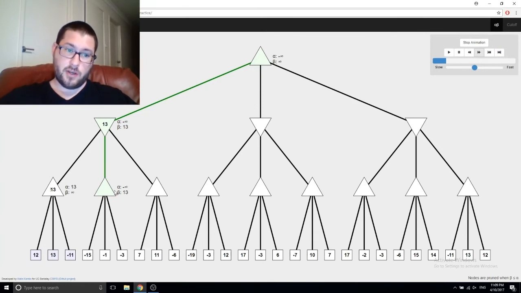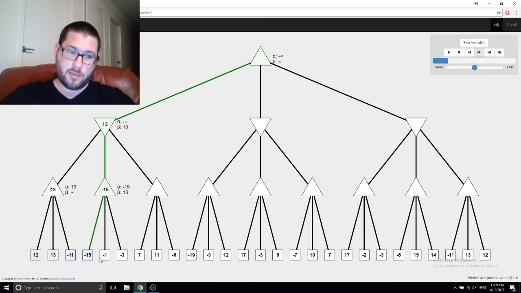And now this child goes through the same process that this child did. It tries to push up the alpha value. So it will explore this node first, and because negative 15 is larger than negative infinity, it will push up the alpha value to negative 15.